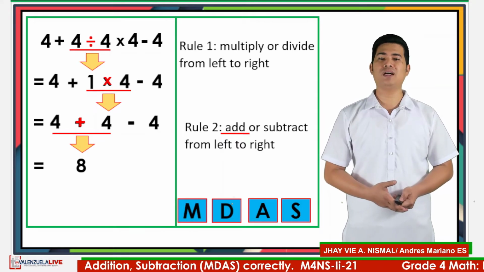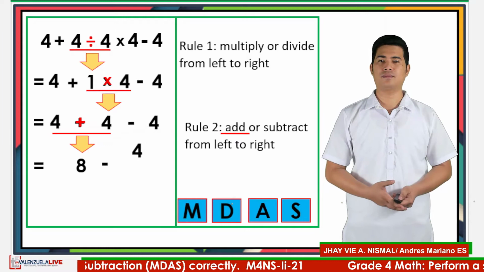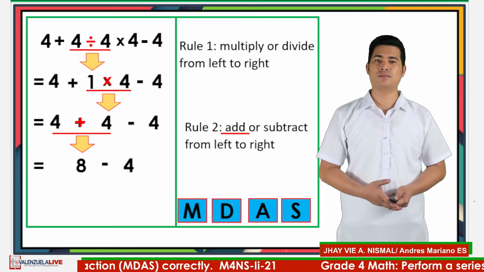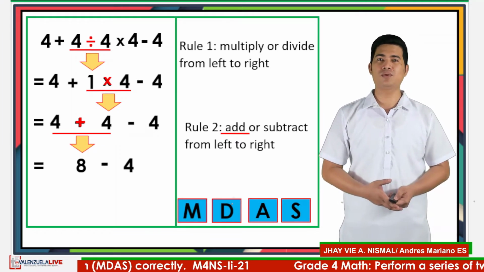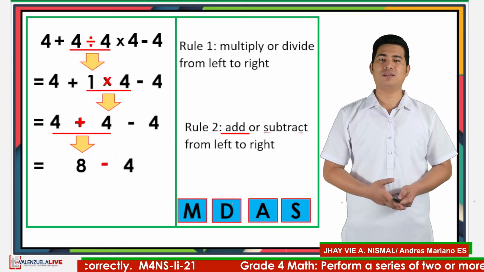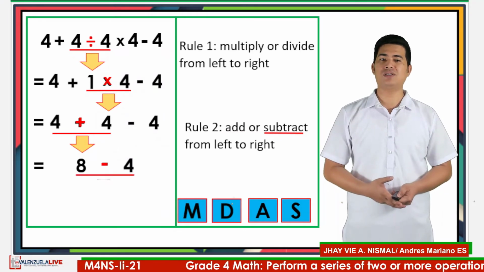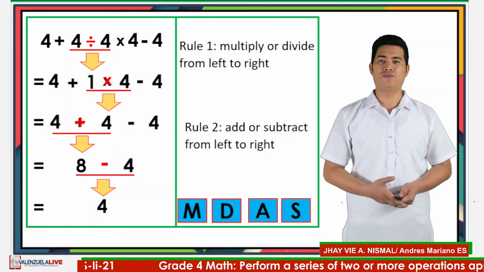Then bring down minus 4. Proceed to subtraction. Let's subtract. 8 minus 4 is equal to 4.